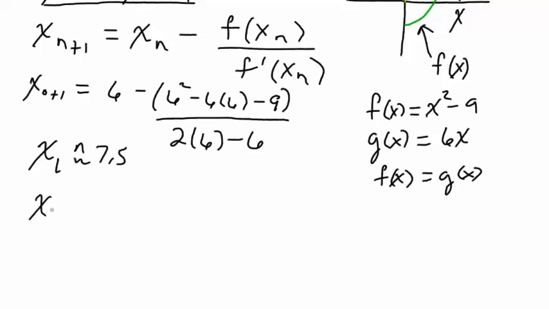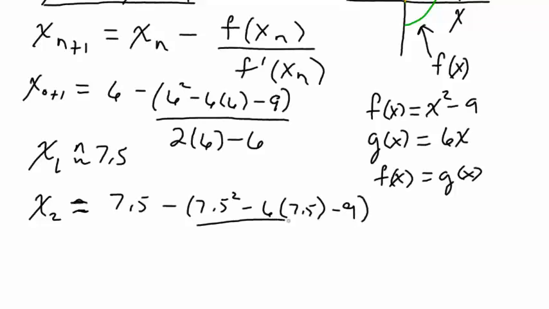And, okay, so our x of 2 is, I guess I could put equals here. So we take the 7.5 now, and we plug it in. 7.5 squared minus 6 times 7.5, minus 9, over, of course, 2 times 7.5 minus 6.